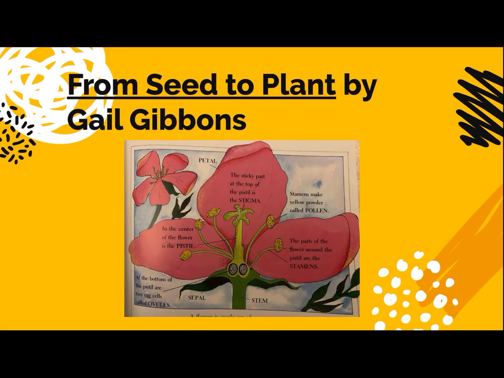So understanding the parts of that goes with the story From Seed to Plant by Gail Gibbons because it helps me understand other parts that she is teaching me about in that book.